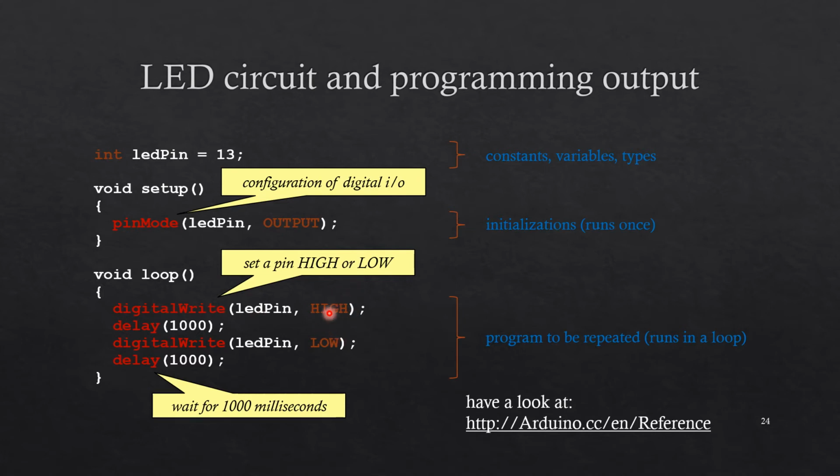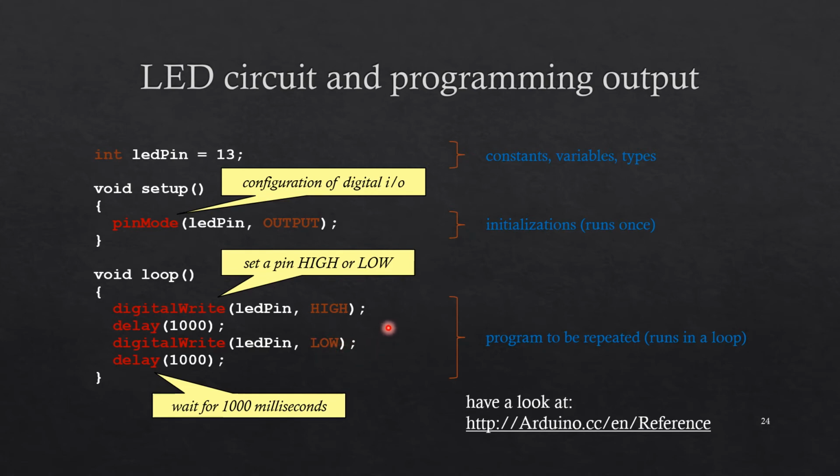So if we write HIGH, all capitals, I want that pin to have a high signal, a 5 volts output. And if we write a digital LOW, all in capitals, then we are writing 0 volts to that pin.